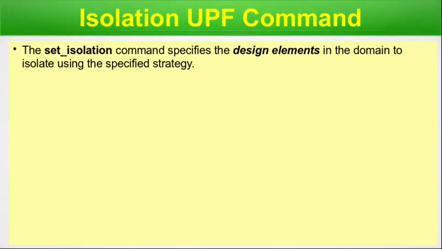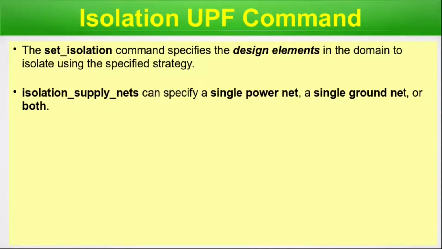Here we talk about the isolation UPF command. The set isolation command specifies the design elements in the domain to isolate using the specified strategy. Isolation supply nets can supply a single power net, a single ground net, or both.